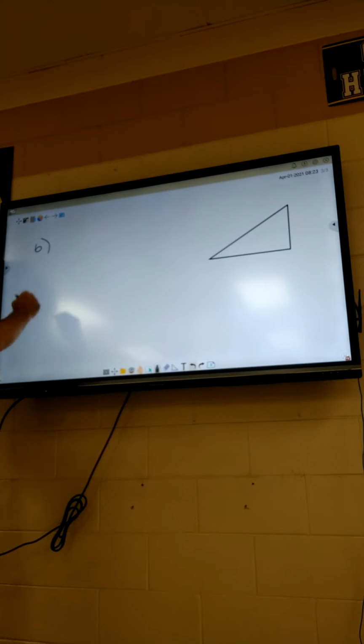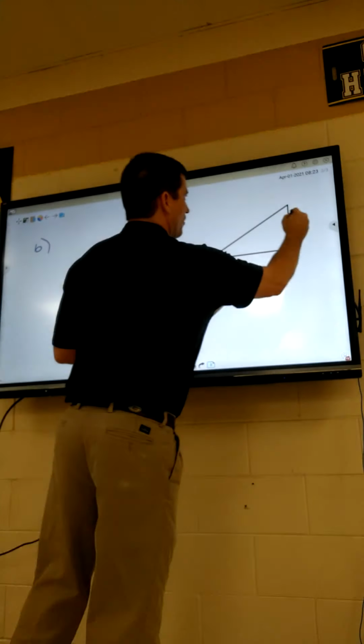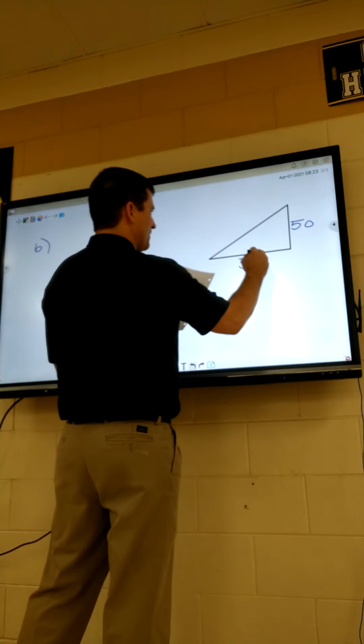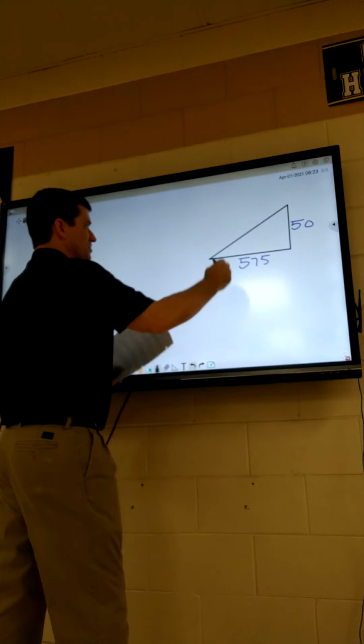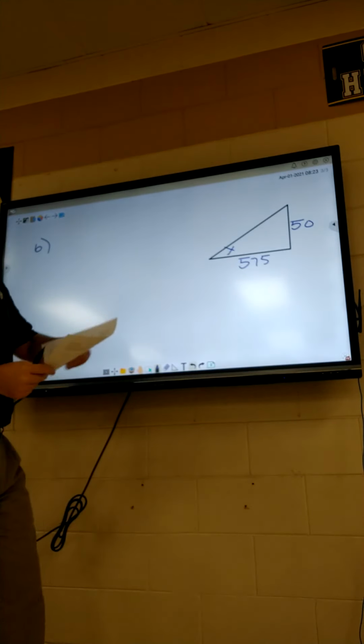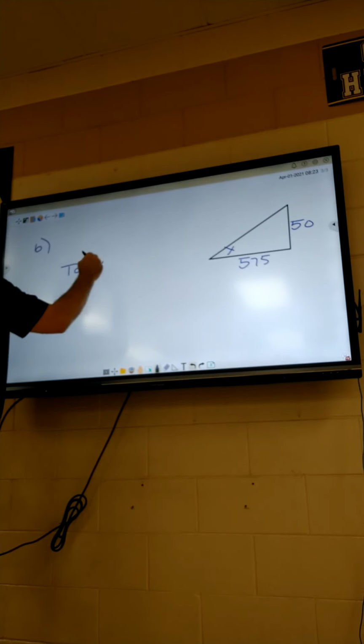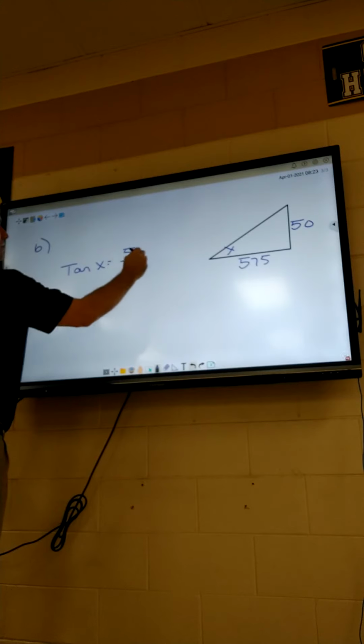All right, number 6. A road rises vertically. Which way is vertical? Up and down. So 50's got to go right here. Horizontal is side to side, so 575 goes there. What's the angle of elevation? We're back to opposite and adjacent, so tangent of x equals opposite over adjacent.